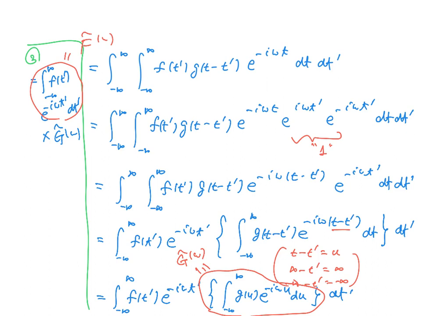So the whole thing is f tilde of omega times g tilde of omega.